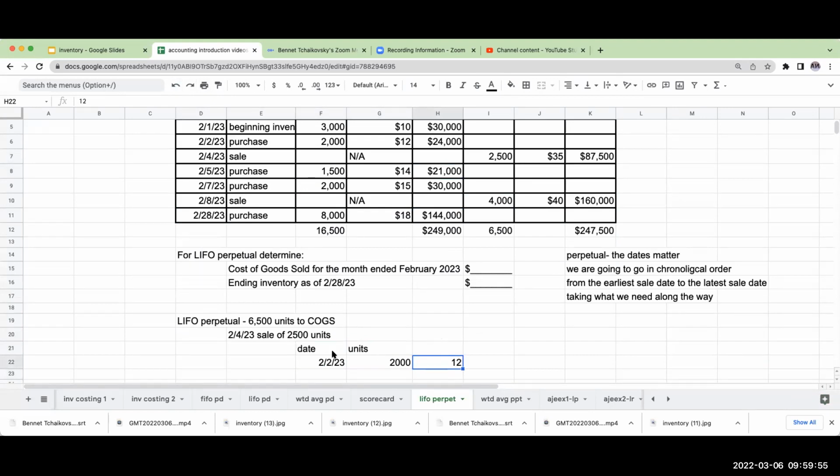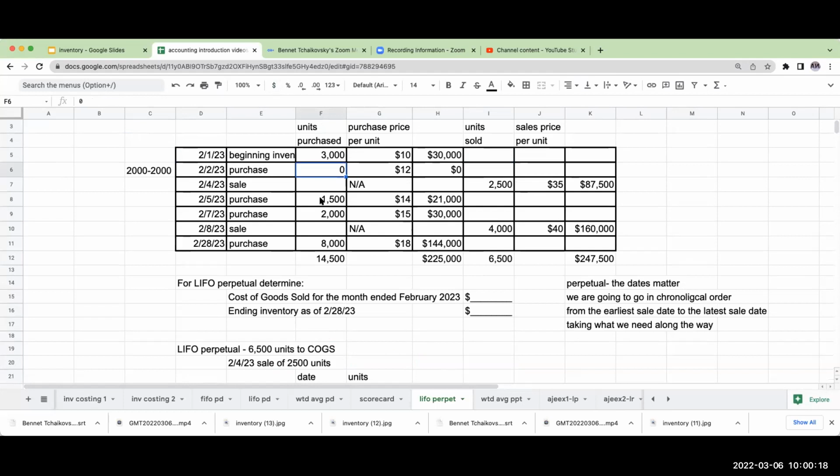When I multiply this through, I've got a total of $24,000. This is 2,000 units minus 2,000 taken to cost of goods sold. Those units are gone. Last in, first out.